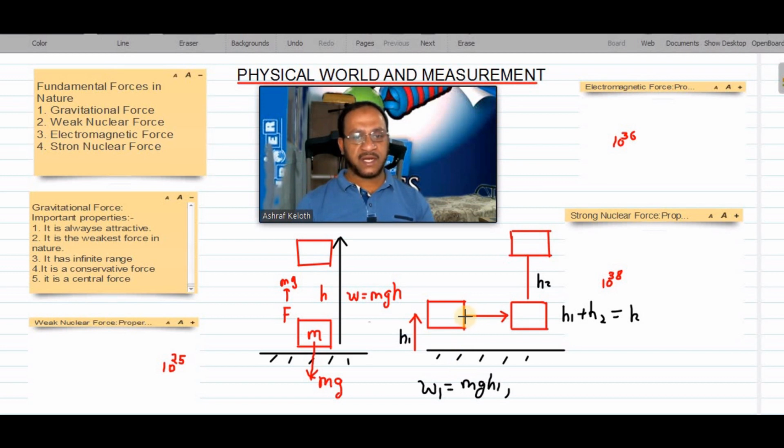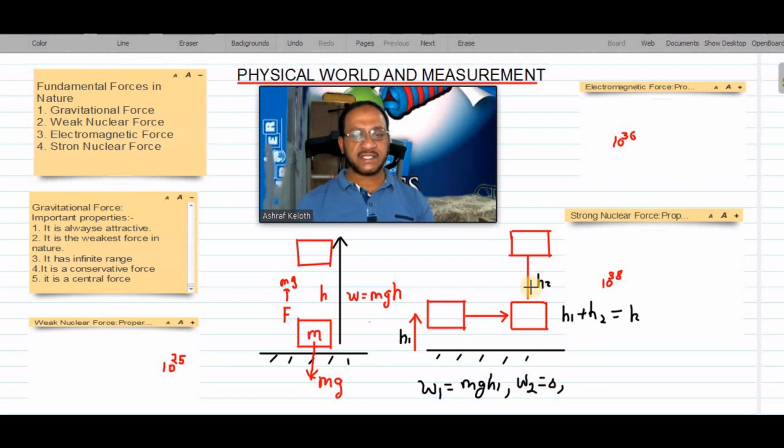We are calculating the work done against gravity. So the gravitational force is acting downward and the displacement is this way. And you remember in 9th standard you studied, if theta is 90 degrees, that is, if the angle between the direction of displacement and the direction of force is 90 degrees, work done will be 0. So in the second case, work done W2 is equal to 0.